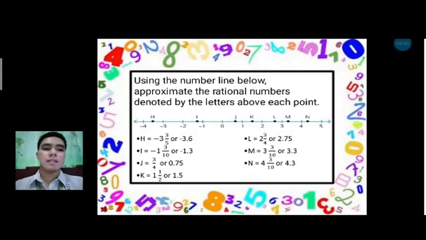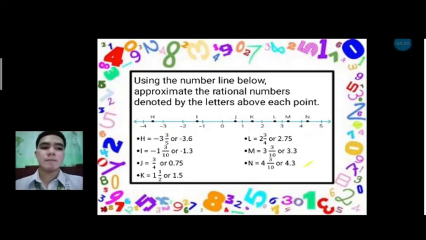Then my point M is 3.3 or 3 and 3 over 10 because that is less than halfway between 3 and 4. Then point N, as you can see, is less than halfway between 4 and 5.